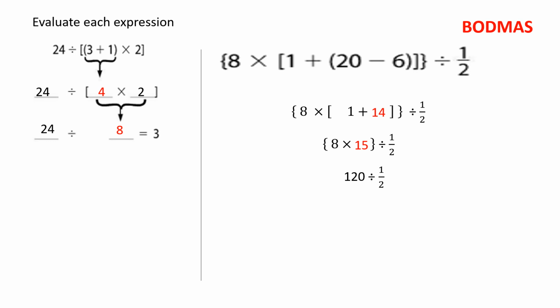So again, keep 120 as it is. Change divide to be multiply. Then flip the fraction 1 over 2 to be 2 over 1, or it can be written as 2. So 120 divided by 1 over 2 equals 120 times 2, which is going to be 240. So the value of the expression is 240. And that's it. Thank you so much.